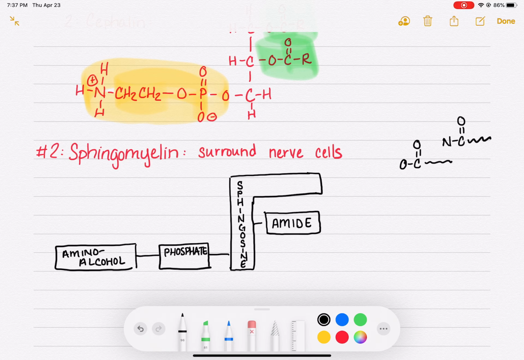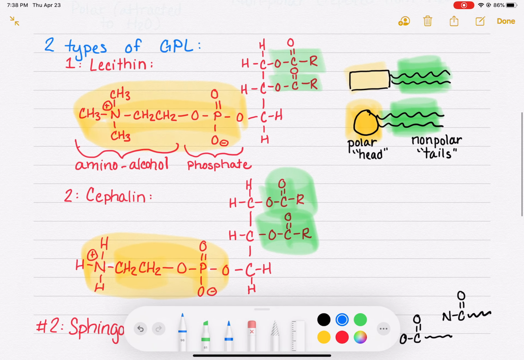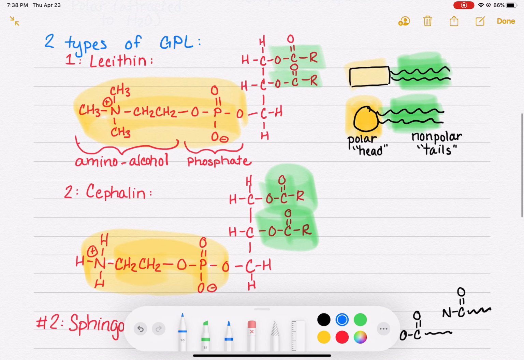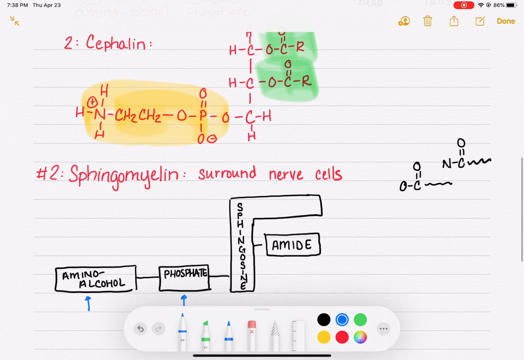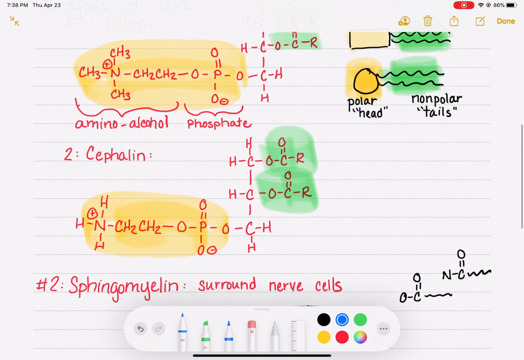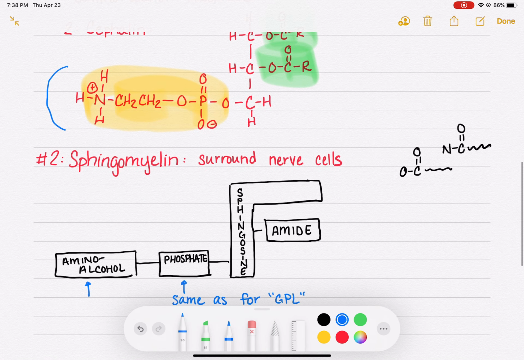The phosphate group is the same for all of these different phospholipids. So we will make a note here that this phosphate group is the same as for these guys up here, our glycerophospholipids, GPLs. And then the amino alcohol also is going to be the same. Let's scroll back up. With our glycerophospholipids, we had 2 different amino alcohols to form 2 different molecules, lecithin and cephalin.